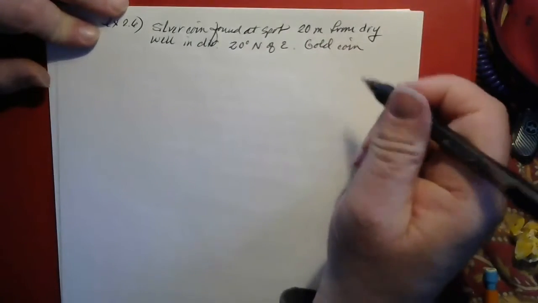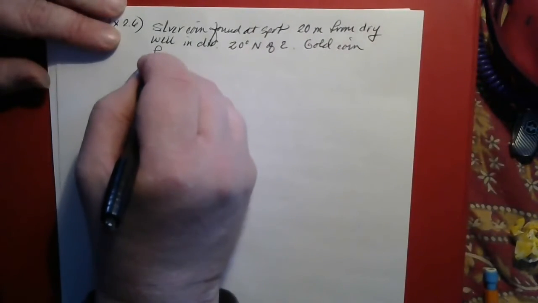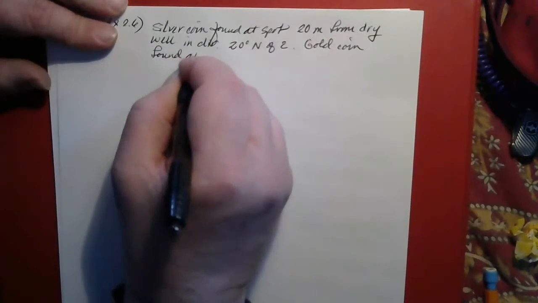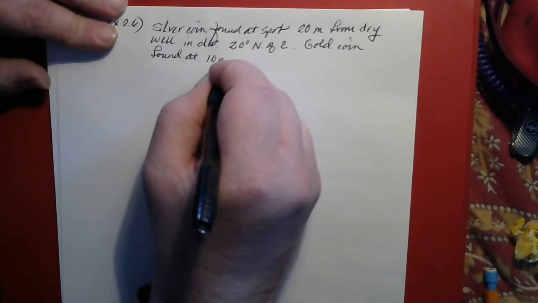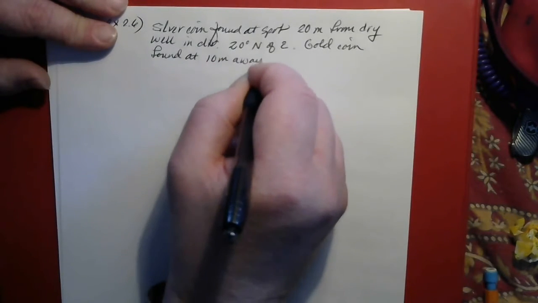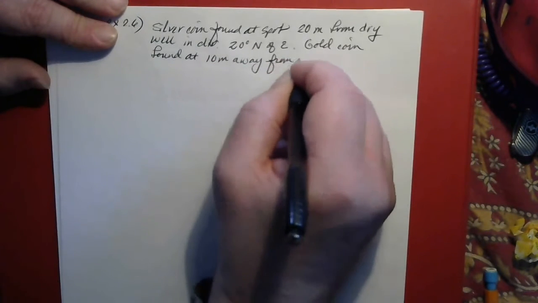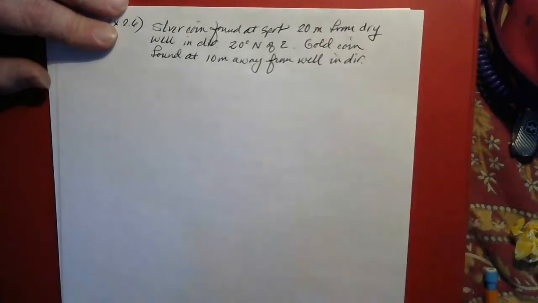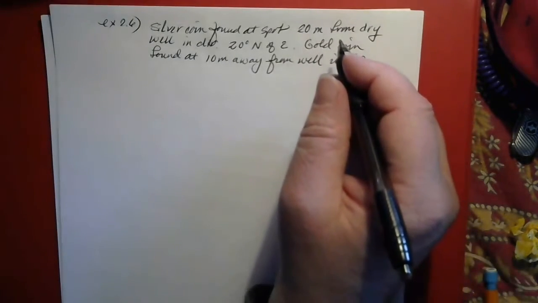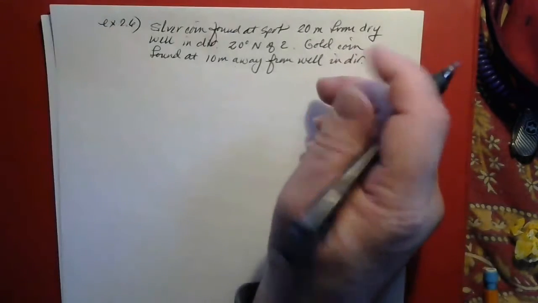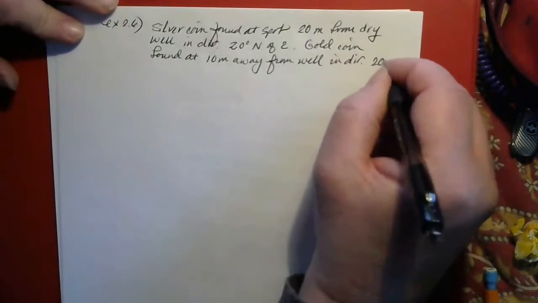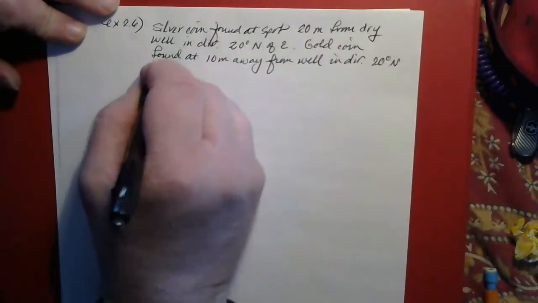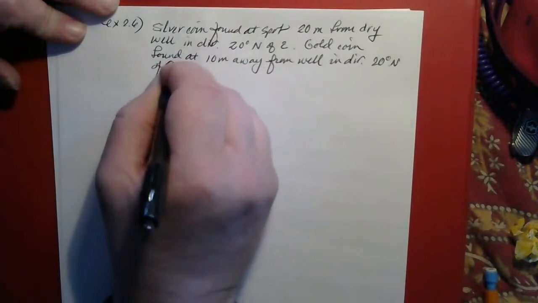Then you find a gold coin at a spot 10 meters away. And it's in a direction 20 degrees north of west.